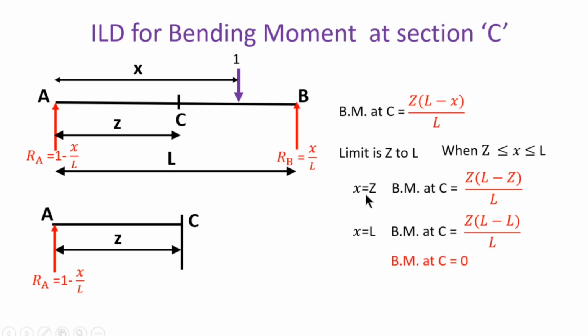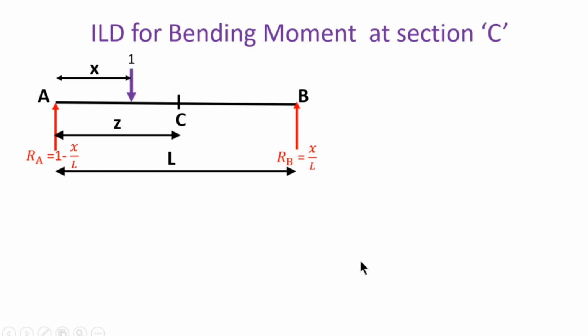Now we got here, when the load is between C to B, x is equal to Z, the bending moment is Z in bracket (L minus Z) by L, and when x is equal to L, bending moment is 0.